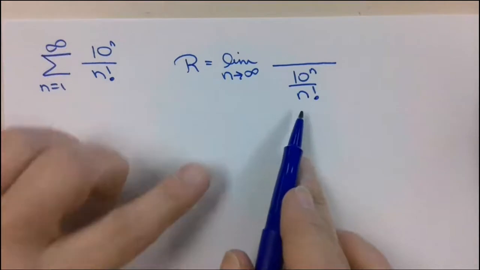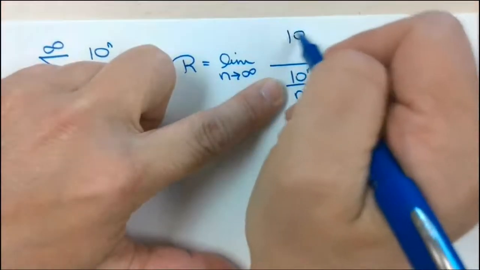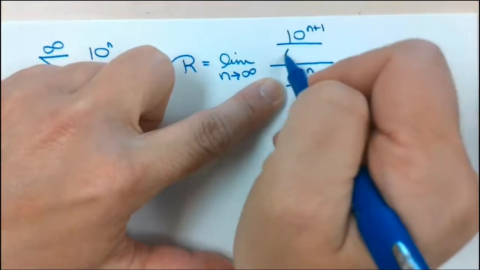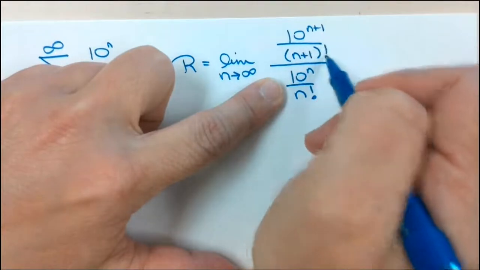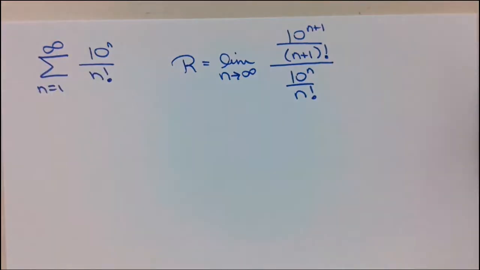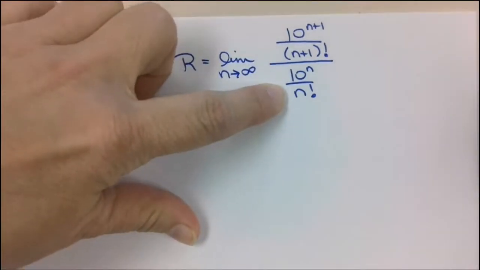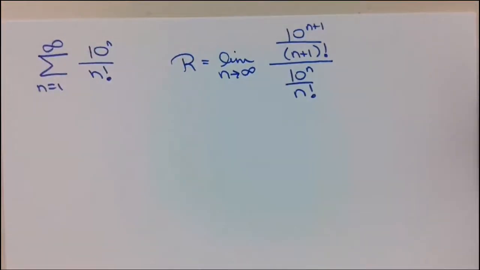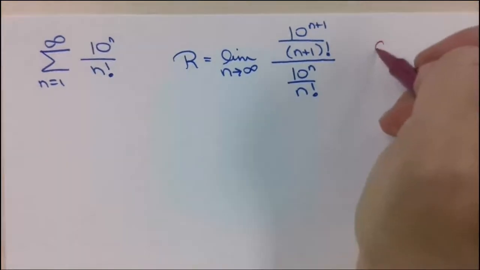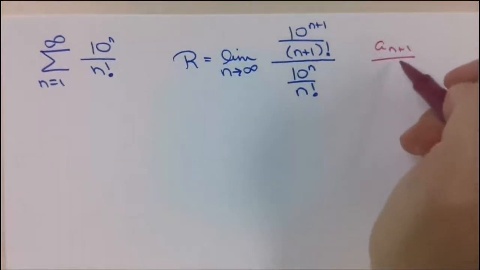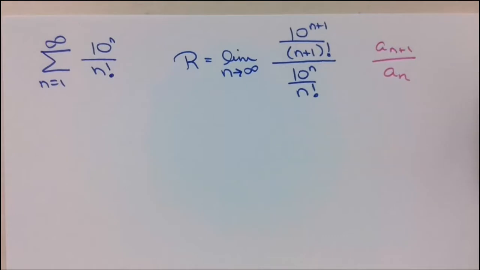The n plus 1 term is going to be 10 to the n plus 1 divided by n plus 1 factorial. Again, what we're doing here is we're taking a term and dividing it by the one before to determine the ratio between the terms. This is a sub n plus 1 divided by a sub n.